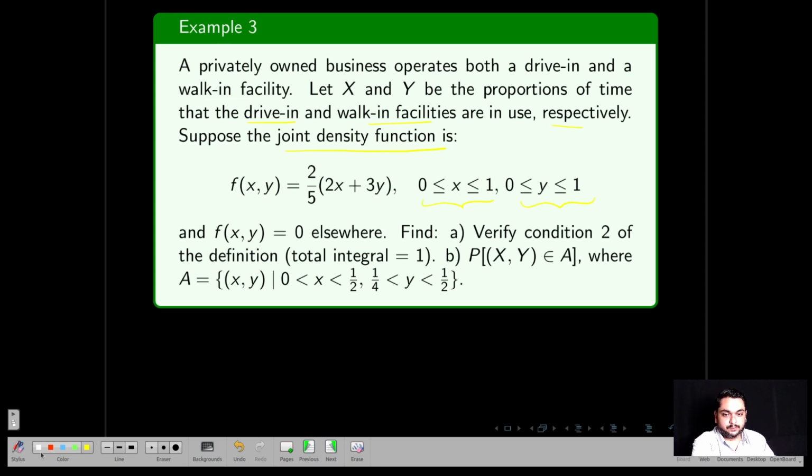Now you have to verify condition 2 of the definition, that is, verify whether it is a joint PDF or not, a probability density function, and then you find the probability for the region x from 0 to 1 by 2 and y from 1 by 4 to 1 by 2. Let us see how to test this.